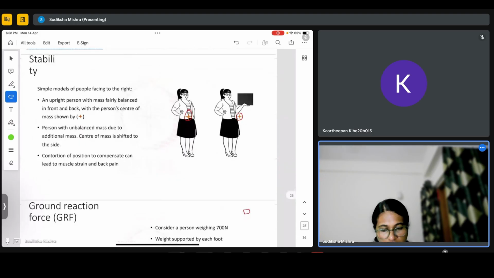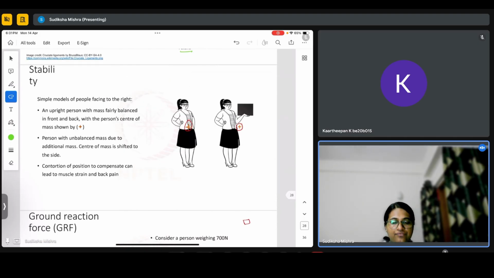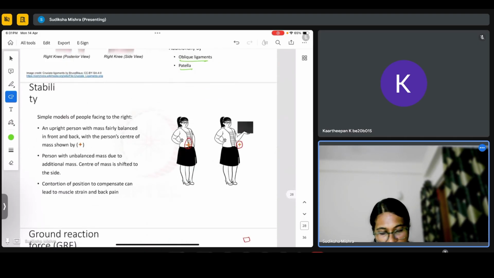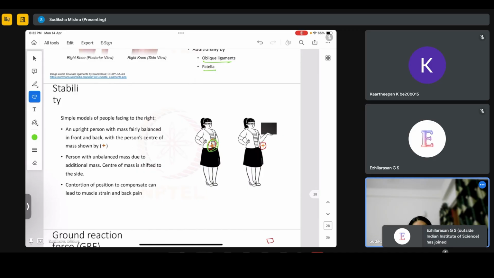Okay, so if a person is just standing without any other mass that they are lifting, then the person's center of mass will be somewhere around here.